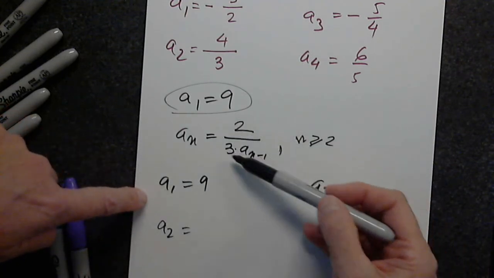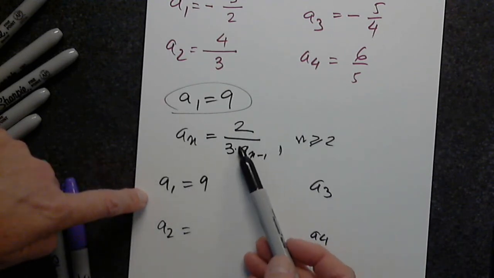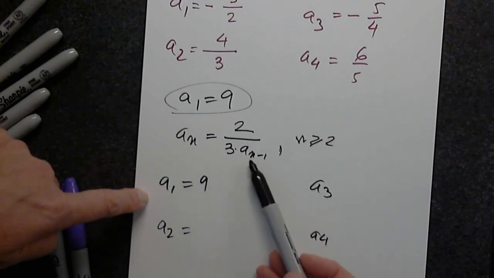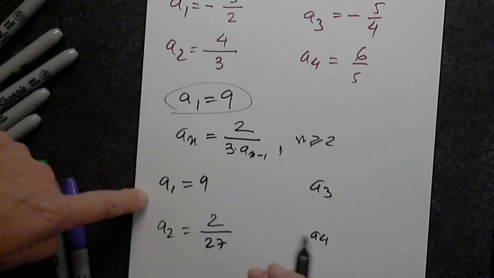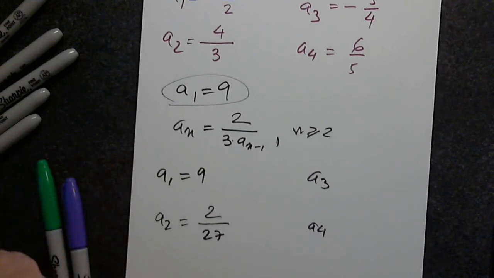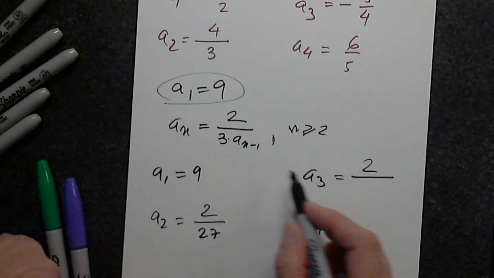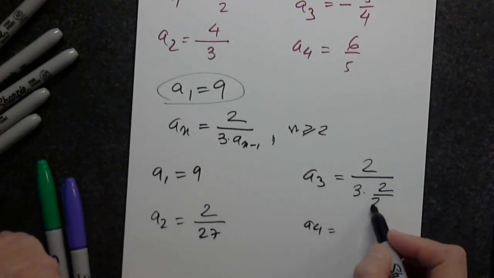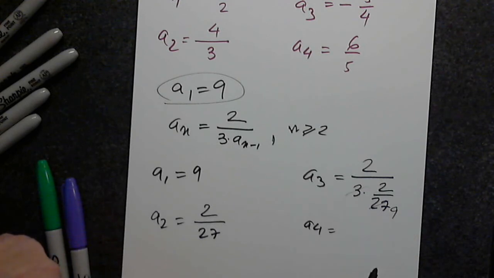So this is a recursive formula because any term depends on the previous one in the sequence. So when A1 is 9, 3 times 9 is 27, so 2 over 27. Now it becomes a little cumbersome because now I have a fraction, but maybe it's simplified. So let's check. So it's 3 times 2 over 27, and I simplify and I get 9.